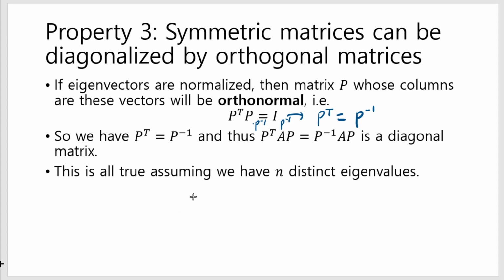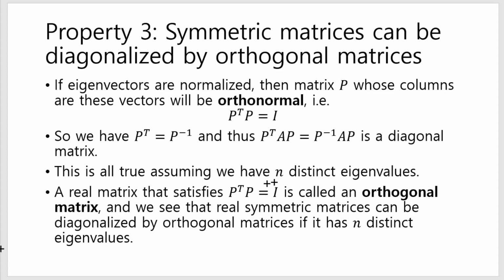You can diagonalize a real symmetric matrix so that the diagonalization looks like some matrix transpose times A times itself, with the additional condition that this is an orthogonal matrix. Okay, so that's what it means to be orthogonal. A real matrix that satisfies this is called an orthogonal matrix, and what we just saw is that real symmetric matrices can be diagonalized by orthogonal matrices if it has n distinct eigenvalues.